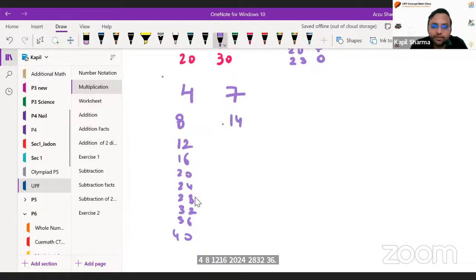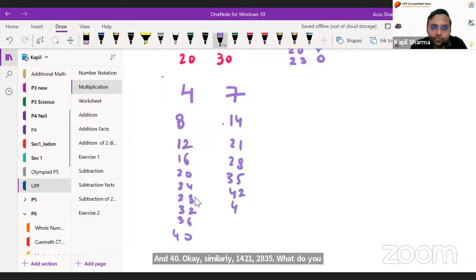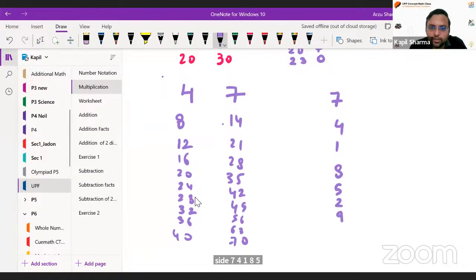Similarly 7, 14, 21, 28, 35, 42, 49, 56, 63, 70. Then we are going to write the ones digit of multiples of 7 first on the right hand side. So 7, 4, 1, 8, 5, 2, 9, 6, 3, 0.